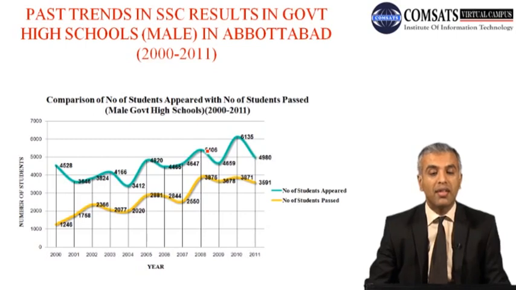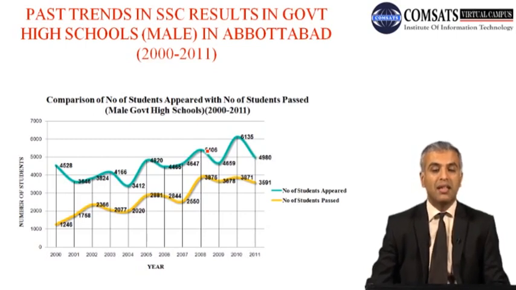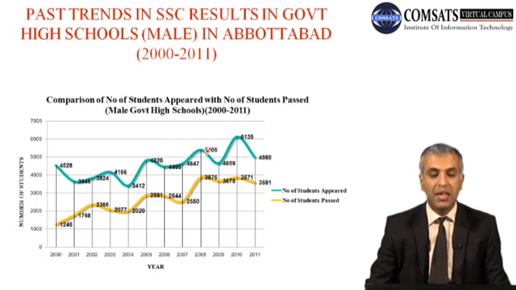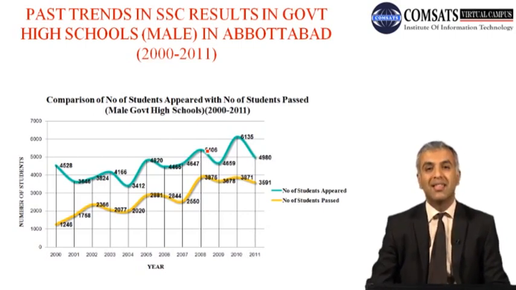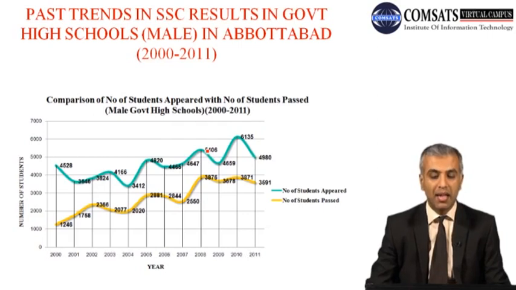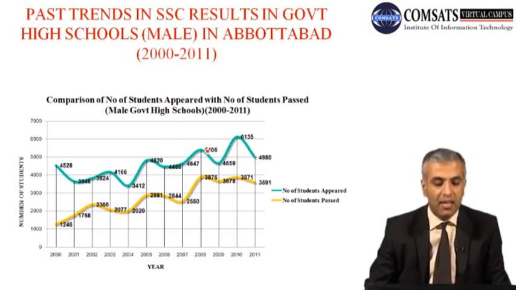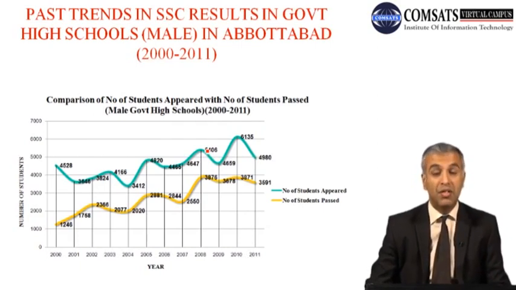So here you can see the past trends in matriculation results in government high schools in a certain district called Abbottabad. And here we can see that the trend is clearly evident.